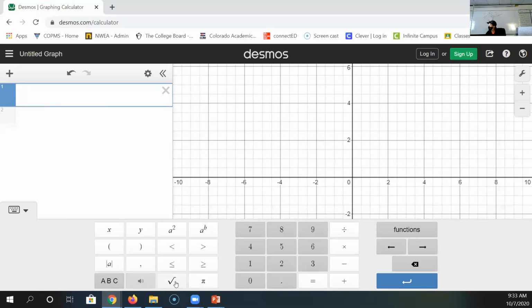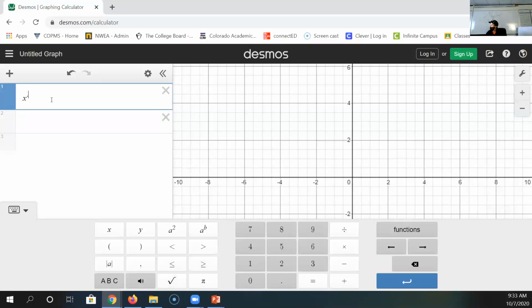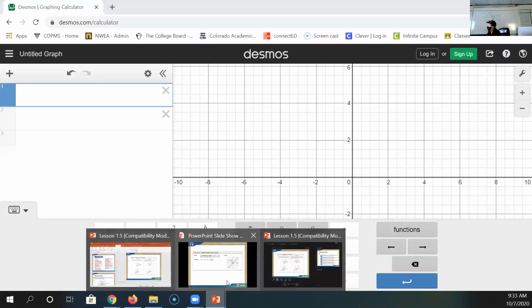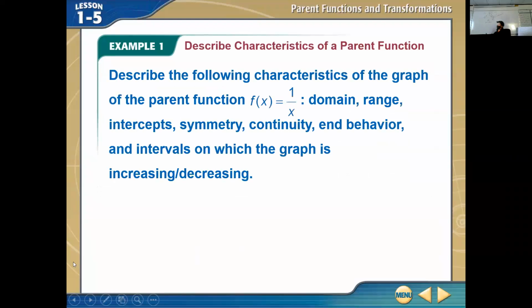Or since we've already covered rational exponents, you could go x to the 0.5. Or you could use the simple square root right there. Just remember, if you have any horizontal translations where x is subtracted, you would have to use parentheses if you're going to use the 0.5 in order to calculate.